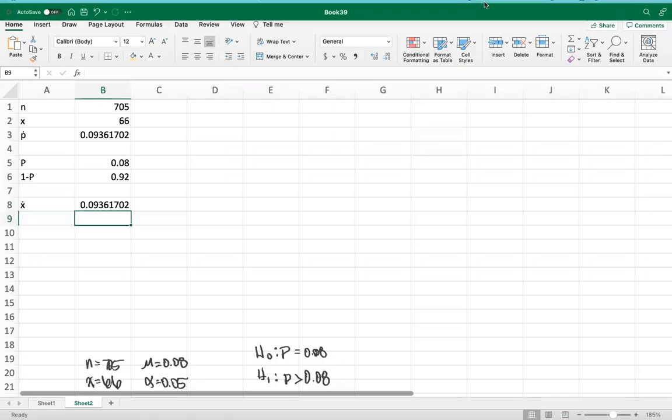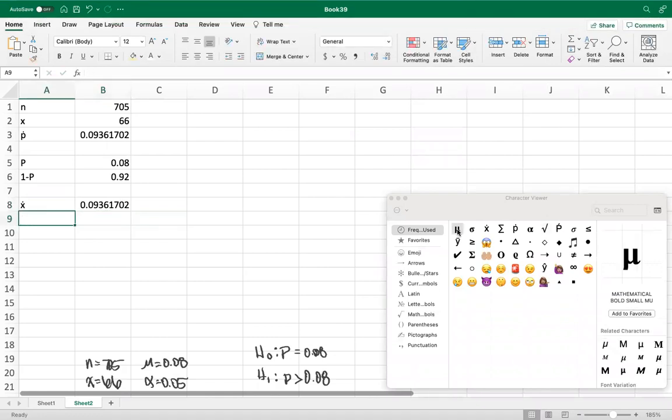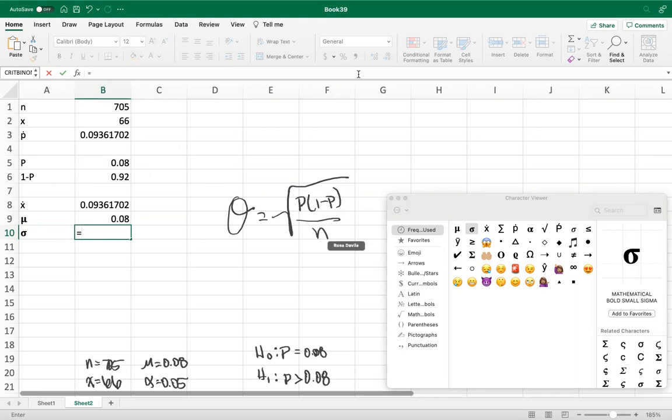The mean is equal to P, and our standard deviation is the square root of P times 1 minus P divided by N. So this is equal to SQRT of, in parentheses for the numerator, P times 1 minus P, and that numerator is divided by the denominator N. Close parentheses for all of that, and that's our square root.